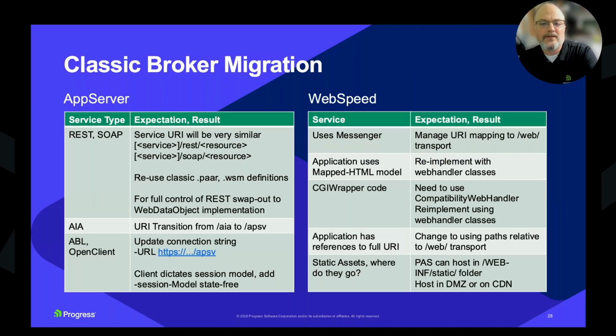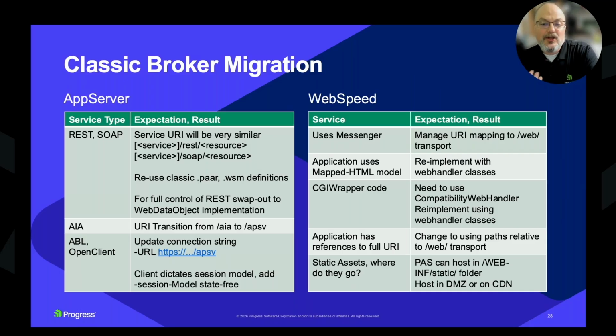In your WebSpeed world, that uses the WebSpeed messenger. I mentioned it earlier, the cgiip executable that we put on the web server. We no longer use a CGI executable underneath PAS. Instead, you use the /web transport. So whenever I hit /web under a PAS URI, that says, "Hey, PAS, behave in WebSpeed's style."